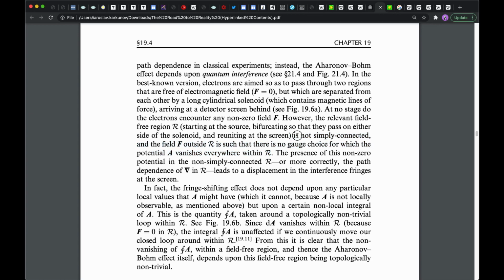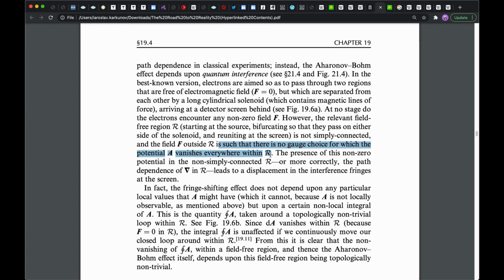He said that that region is not simply connected, because we have a solenoid punctured out from the plane, or a space, and the field F outside R is such that there is no gauge choice for which the potential A vanishes everywhere within R. So basically he's talking about a non-vanishing potential in R here, okay?